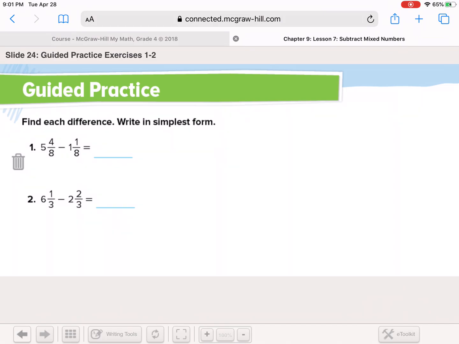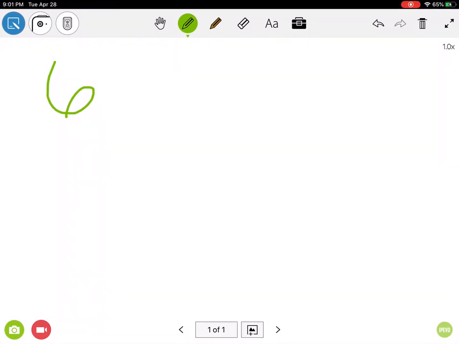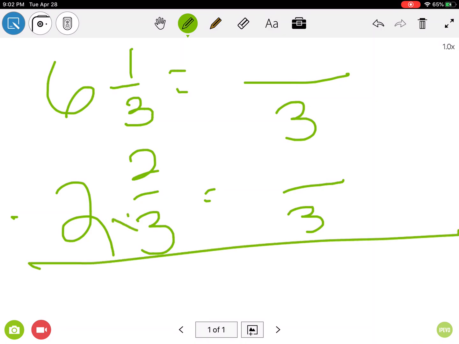Okay. Then 6 1/3 minus 2 2/3. So, putting my umbrella up, I'm going to change it. All right. 2 times 3 is 6. Plus 2 is 8. 3 times 6 is 18.